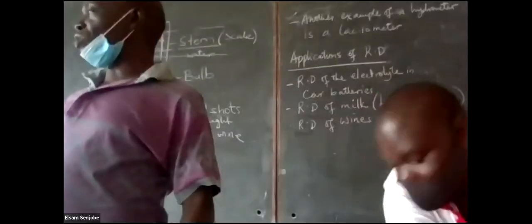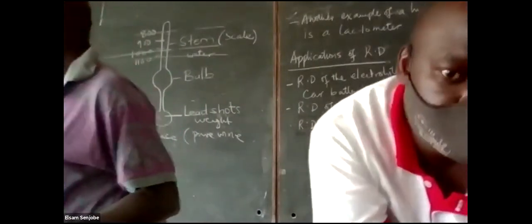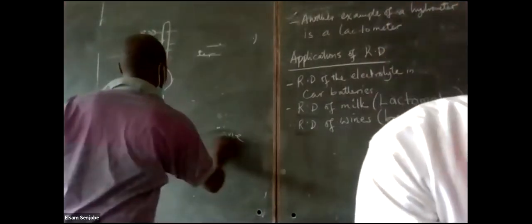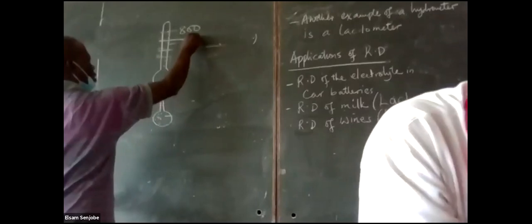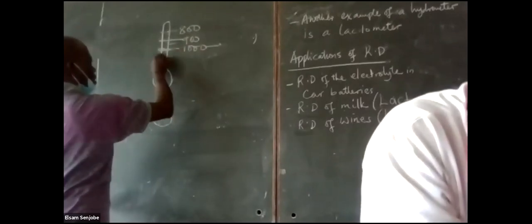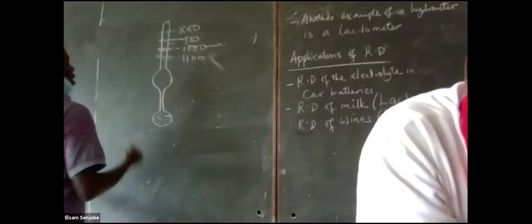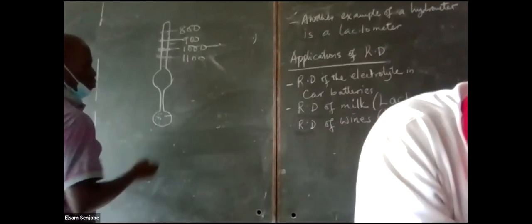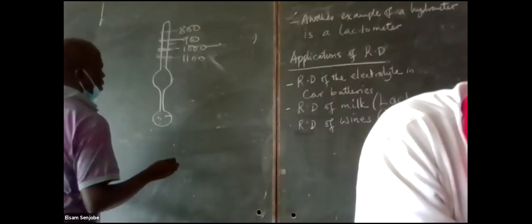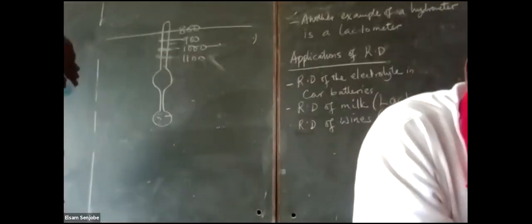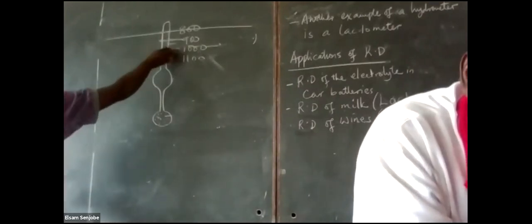Then the readings, concentrate on the readings. I told you the readings are as follows: 800, 900, 1,000. Now, if this hydrometer sinks, for example, in a less dense liquid like paraffin, it will give you a relative density of 800, meaning that the bigger part of the hydrometer is below the liquid.